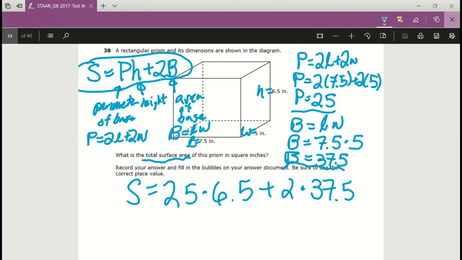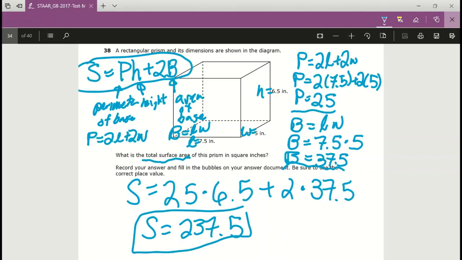So we plug this in our calculator, 25 times 6.5 plus 2 times 37.5, and we get our total surface area is 237.5. That is our answer, and then you just bubble it on your sheet in the correct manner.